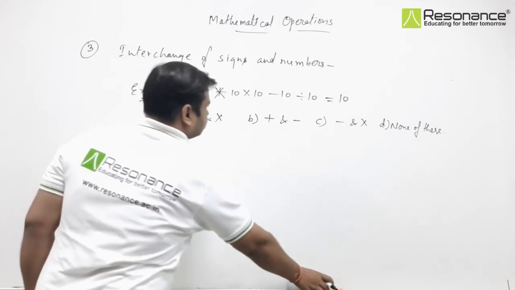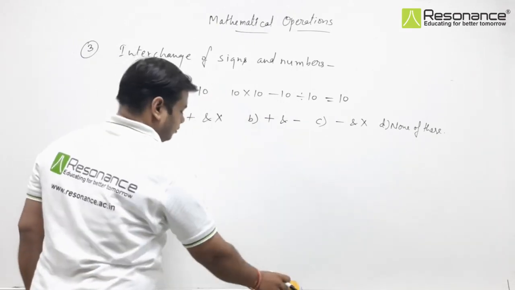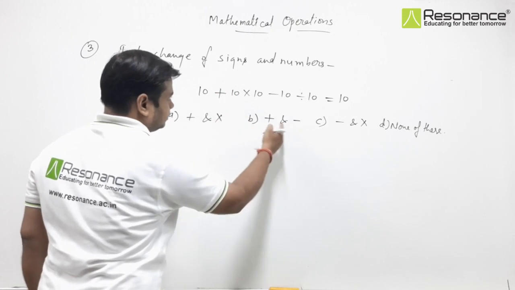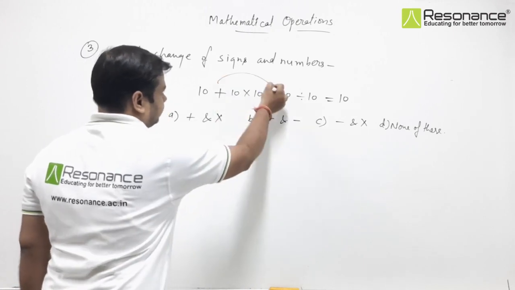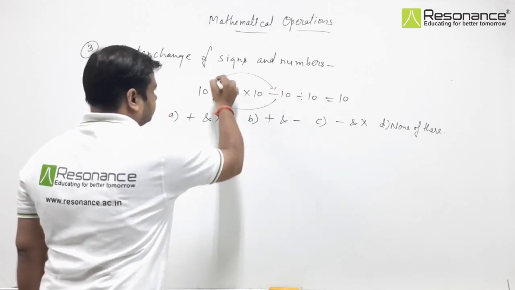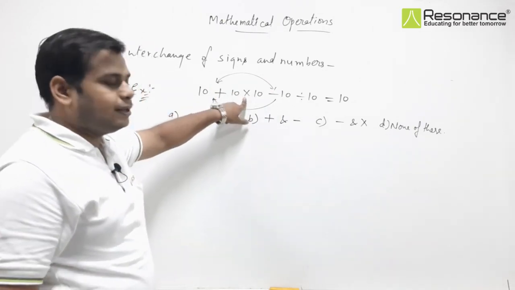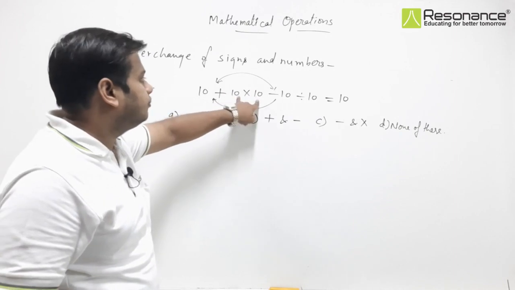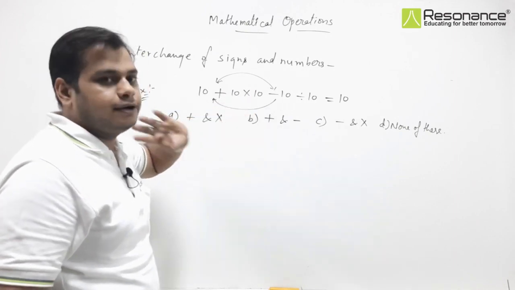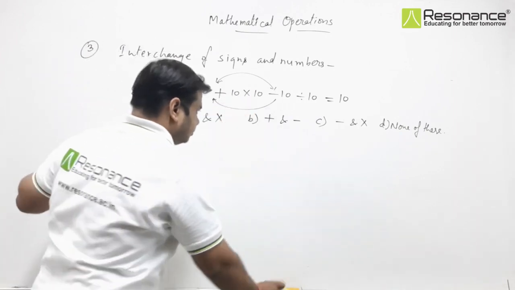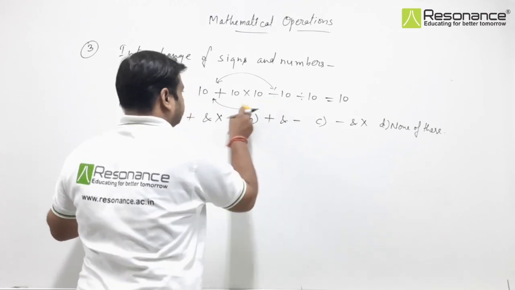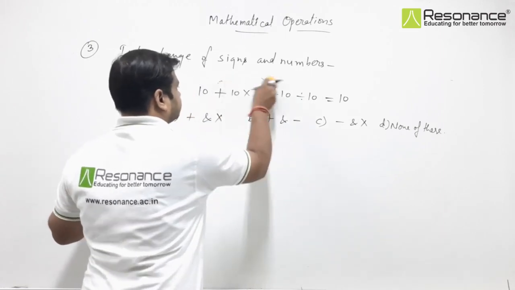So the first option is not correct. The second option says plus and minus. If we interchange plus and minus, this will also not give us the answer. Why? Because the multiply is here and 10 multiplied by 10 again gives us 100. So this will also not give us the correct answer.